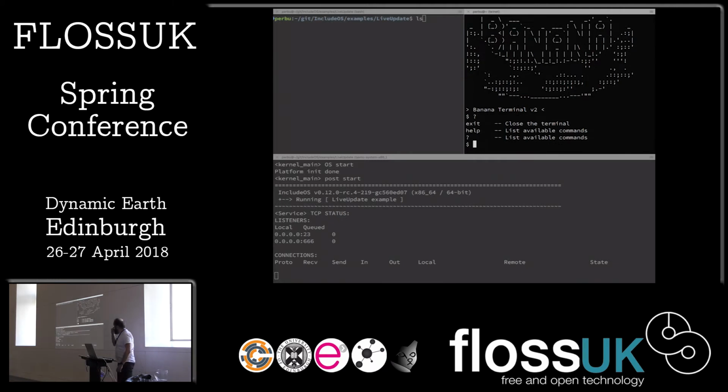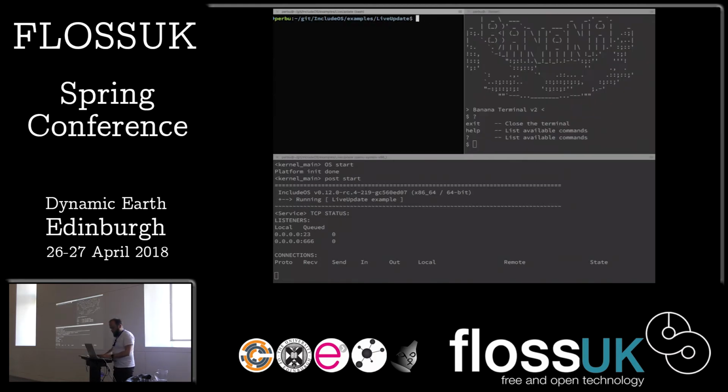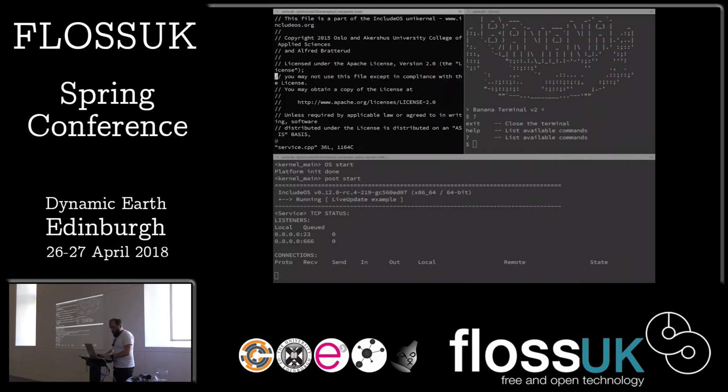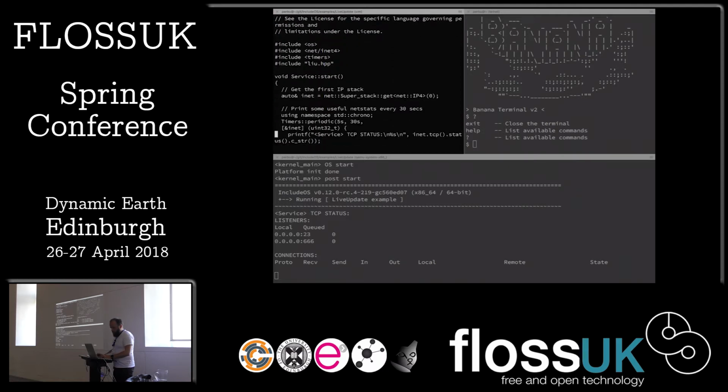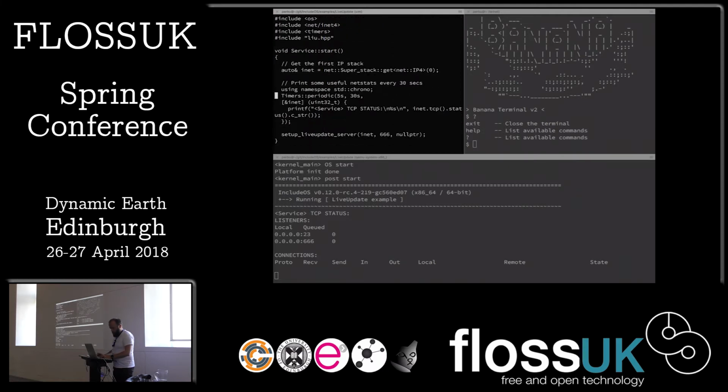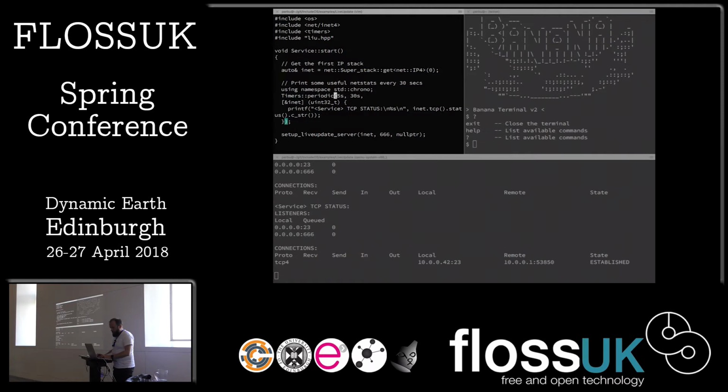There's not really that much going on. It spits out some status every 30 seconds. So we just need to do some sort of random change to this application. What I'm going to do is just change the frequency of the status.